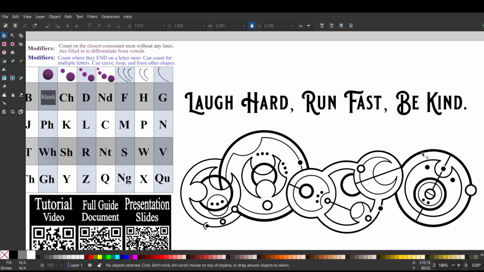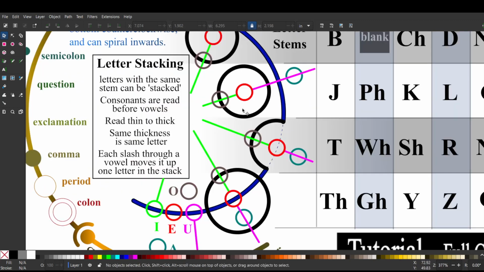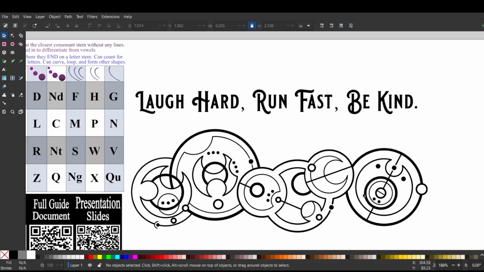So we have this guy in the center of the stack, and this is an I because it has a line going inwards, like that, green one. So we have an I in this letter stack, and then we have 2 other consonants, this thin line and this thick line. So we read thin to thick, and then consonants come before vowels.